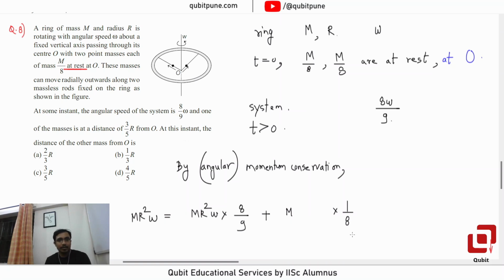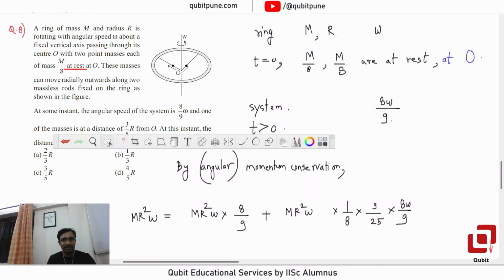It is at a distance of 3R by 5, so R squared into 9 upon 25. 3 by 5 squared is 9 upon 25. And omega is 8 omega by 9. But that is only for one of the masses.